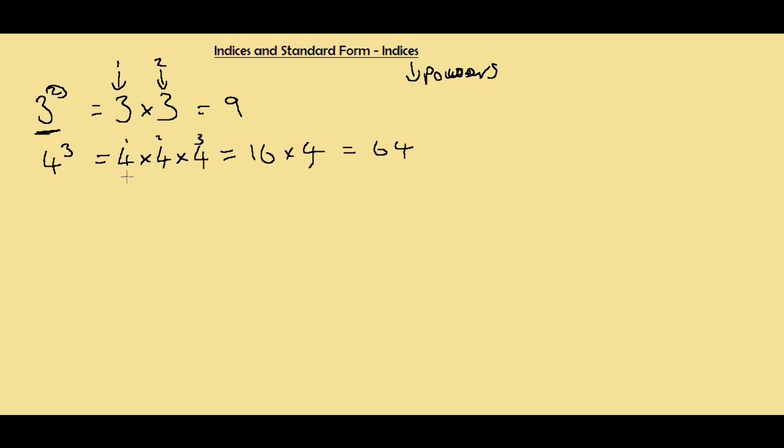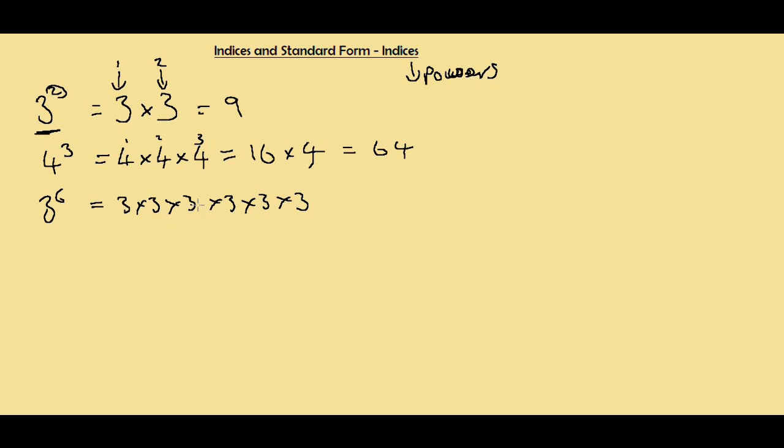Okay, so what about the next example? 3 to the power of 6. Again, it doesn't mean 3 times by 6. That would be written as 3, a multiplication symbol, and a 6. This means 3 to the power of 6, i.e. 3 times by 3 times by 3 times 3 times 3 times 3.